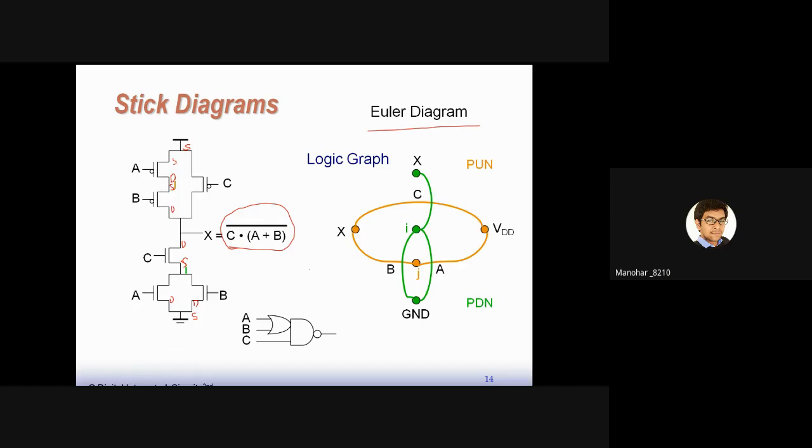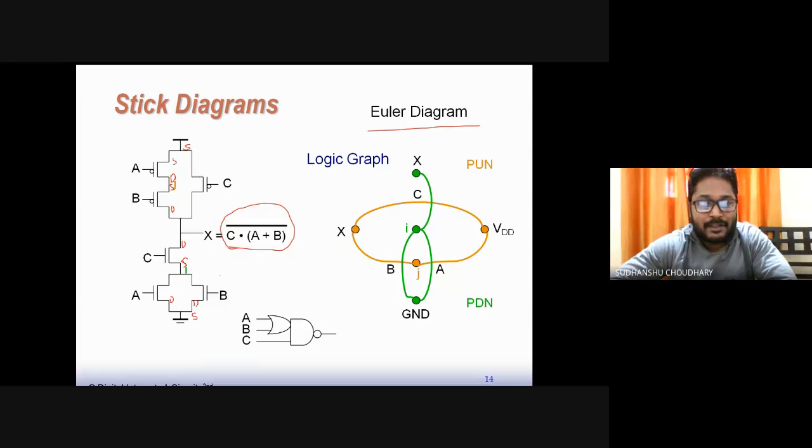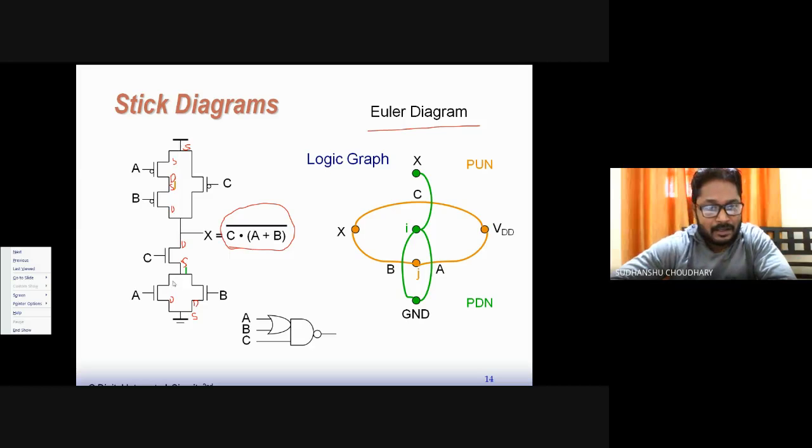Sir, in layout, in the stick diagram? Yes, in the layout you have to see which node is connected to which node. For example, here in MOSFET C, sorry, these two are drains and these two are sources.